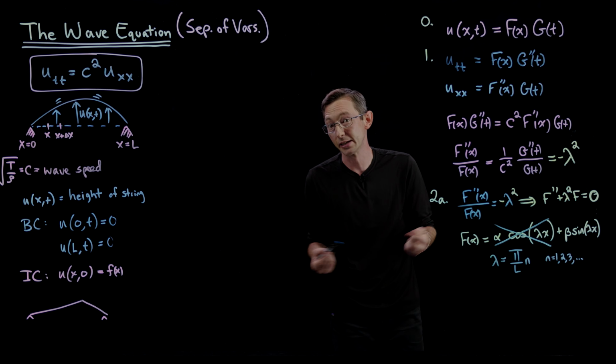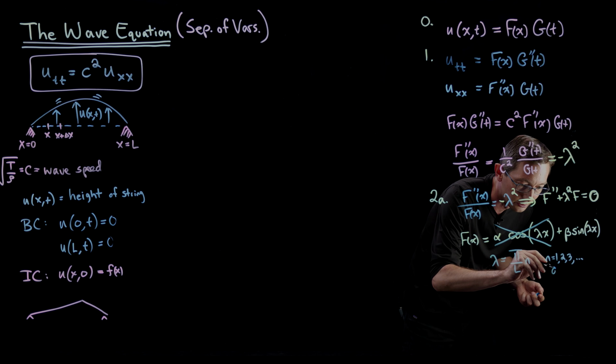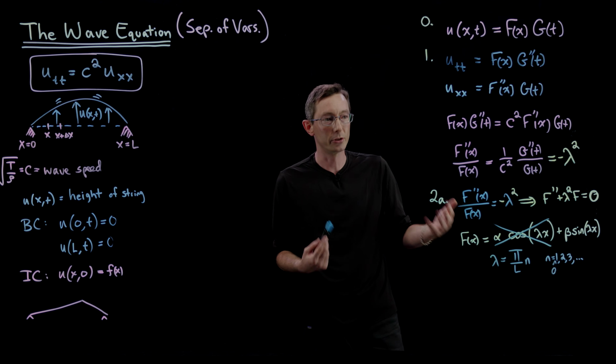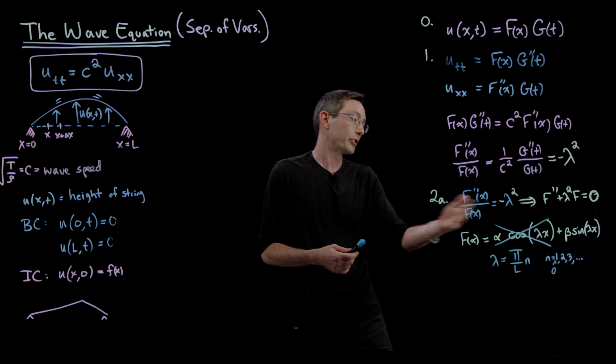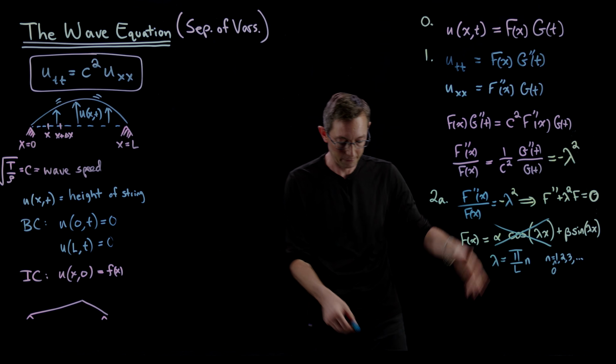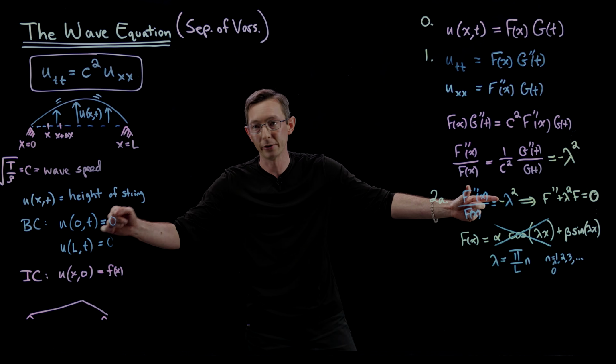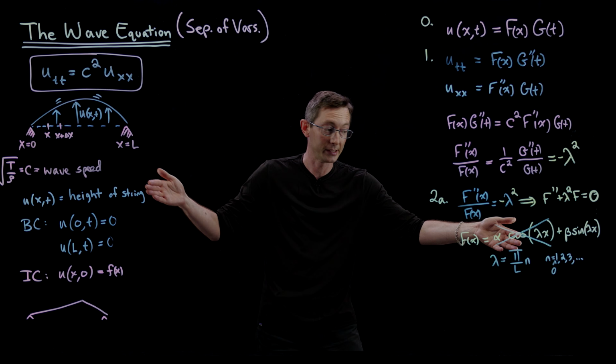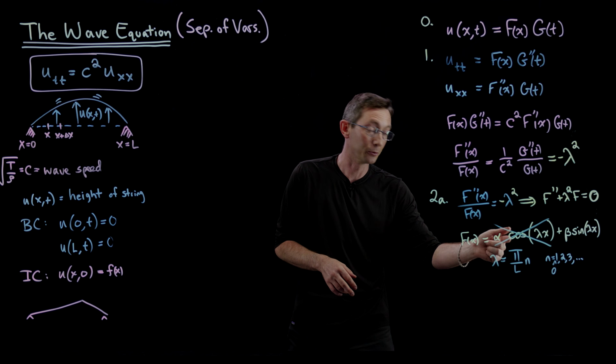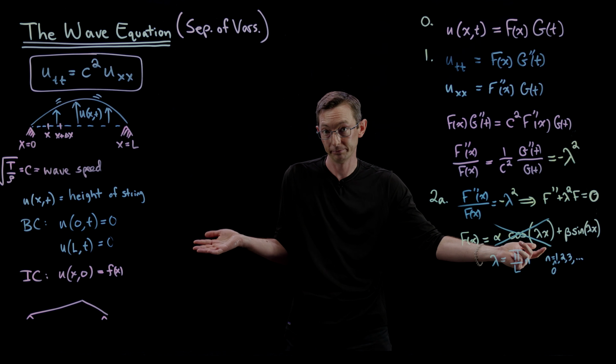It could also equal 0. Let's put 0 in there. It could be 0, 1, 2, 3, dot, dot, dot. It could also be -1, -2, -3. That's all fine. But the only way that this can satisfy the 0 boundary conditions at x equals 0 and x equals L is if lambda equals pi over L times some integer. Okay?